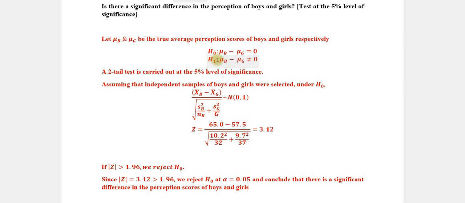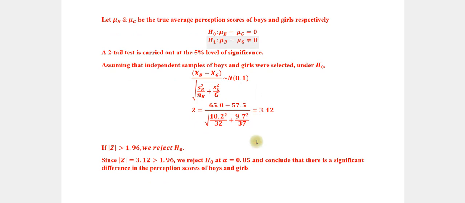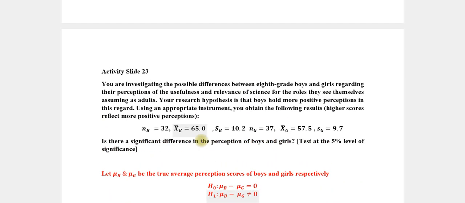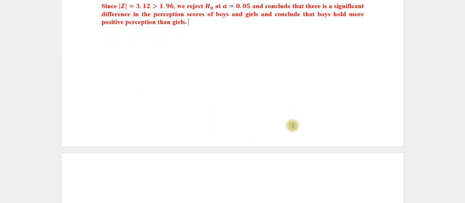So if it is greater than 0, it means that boys hold more positive perceptions than girls, and conclude that boys hold more positive perception than girls, according to this particular context, obviously, and it depends normally on what we're doing, but here we have seen that boys hold more positive perception than girls.